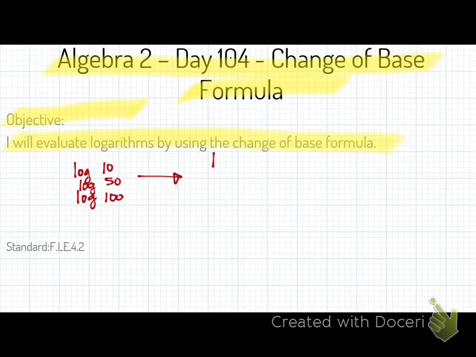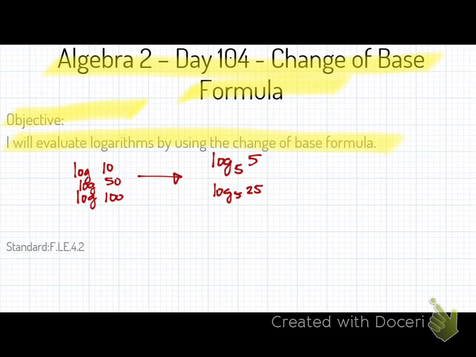So now what if we had log base 5 of 5? 5 to what power is equal to 5? 1. Good. Okay, now what's log base 5 of 25? 2.